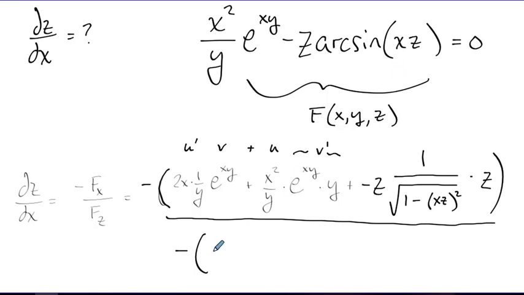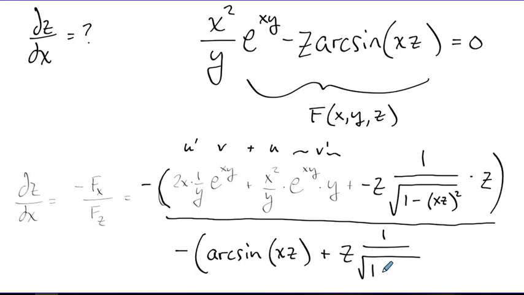So we'll get a 1 times arc sine xz and then plus the z, and then a derivative of this arc sine with respect to z is 1 over square root, and then times an x by the chain rule.